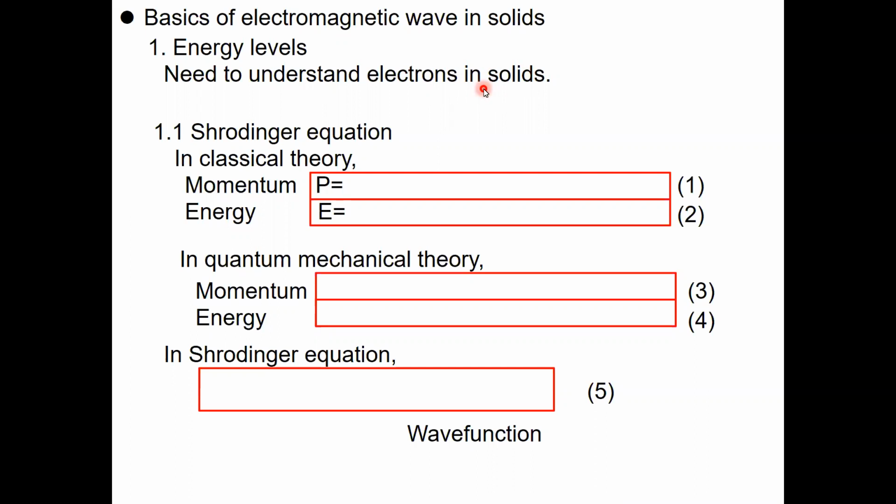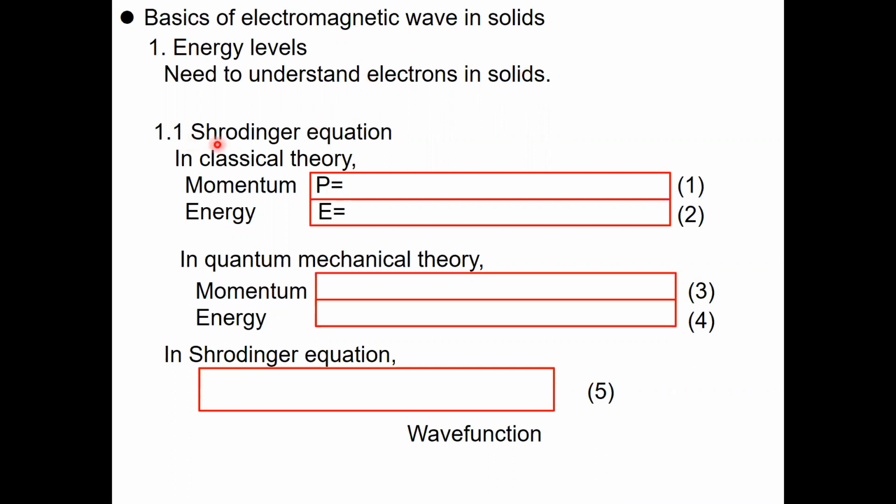The key difference is in the case of solids, there are so many atoms involved, meaning that there's some periodical structure of the atoms, which makes some kind of special treatment.